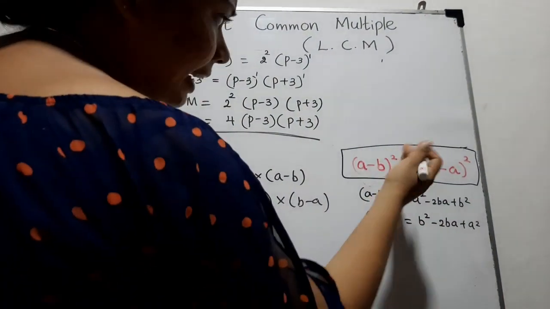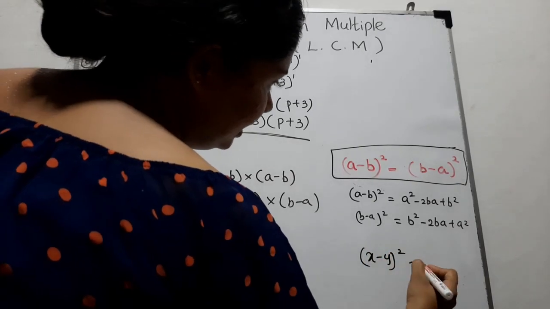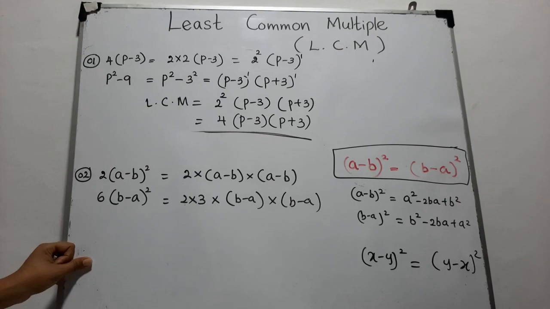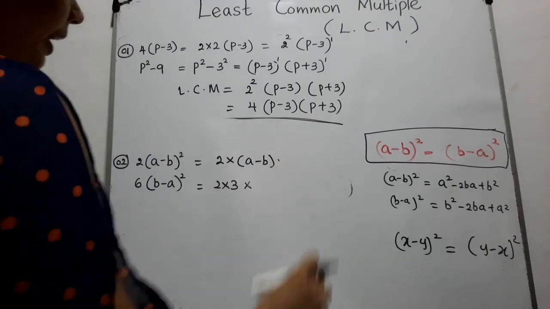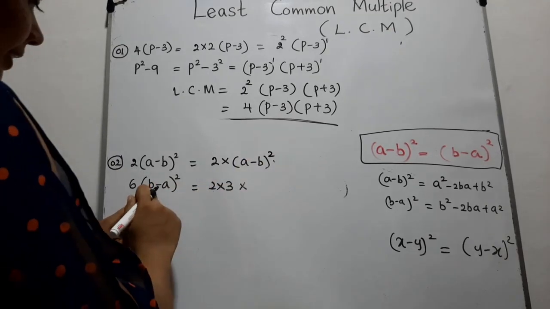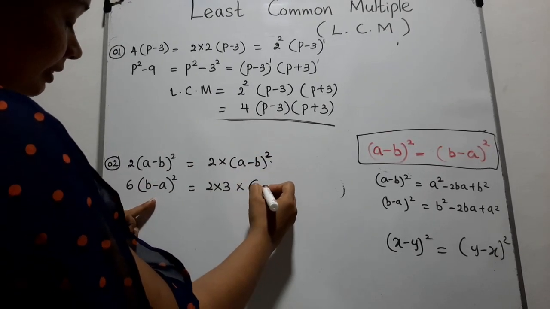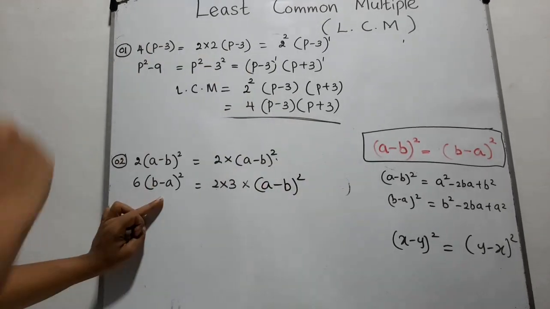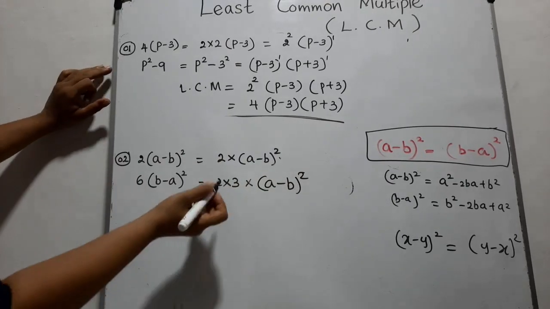When we consider any term, it is true: (x minus y) squared equals (y minus x) squared. So children, instead of (b minus a) squared, we can write (a minus b) squared.